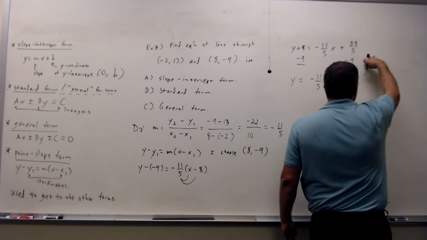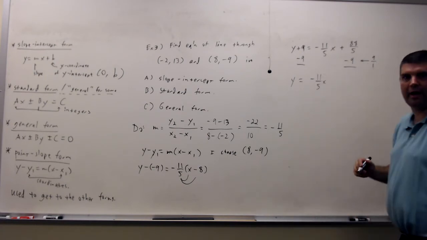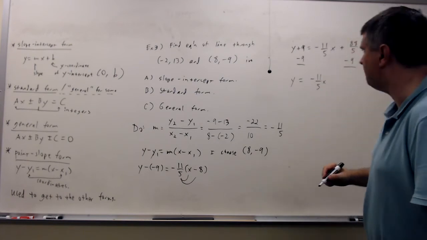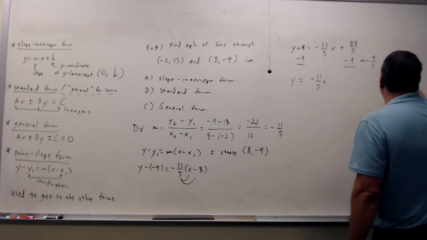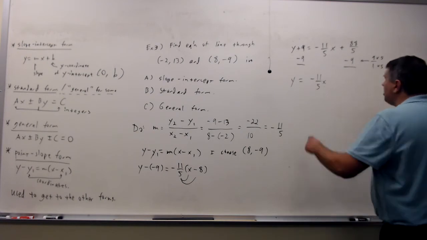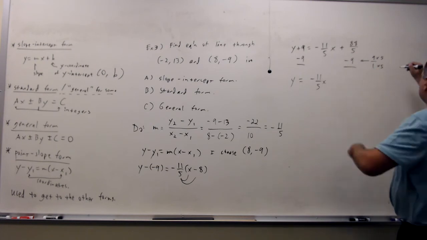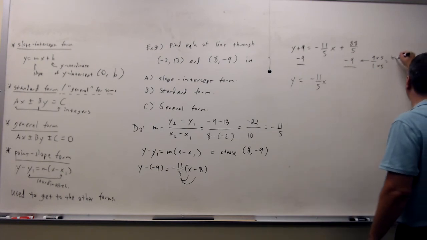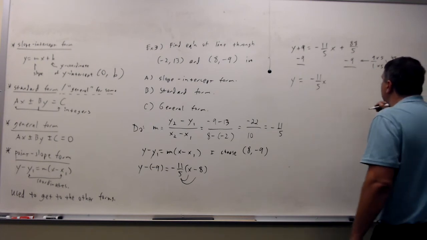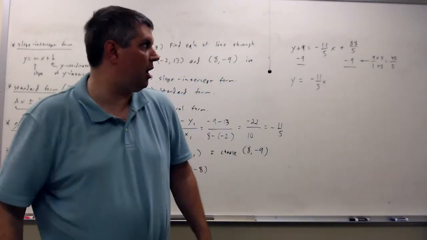Now most scientific calculators will do the work for you. But we're going to pretend, since I don't have one handy, and I'm just going to tell you what you need to do. You need a common denominator, 5. So this gives me 45/5. That's what that means.